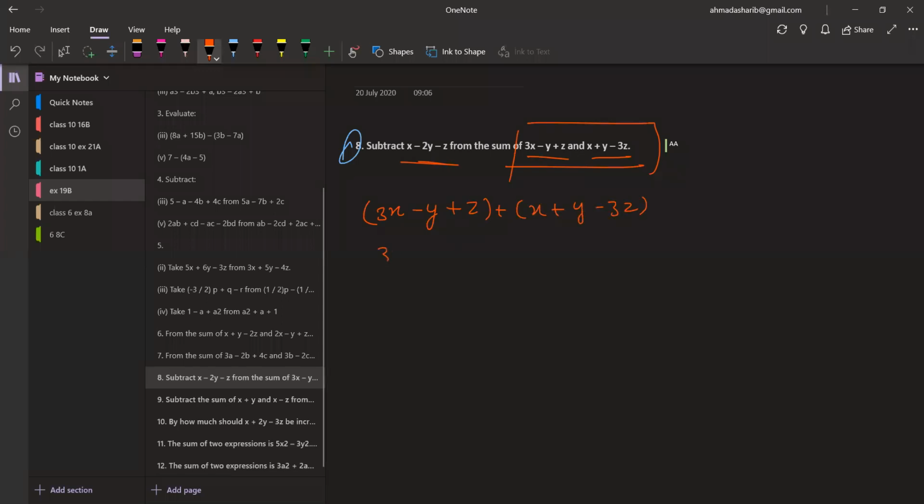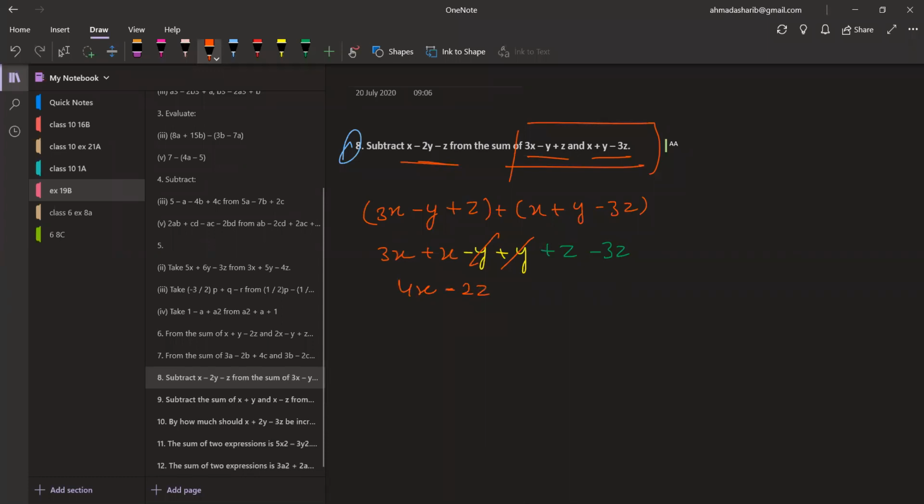So write 3x plus x with each other, then minus y plus y, then plus z minus 3z. So finally you will write 3x plus x is 4x, y minus y cancel, and z minus 3z is minus 2z. So this is the sum.